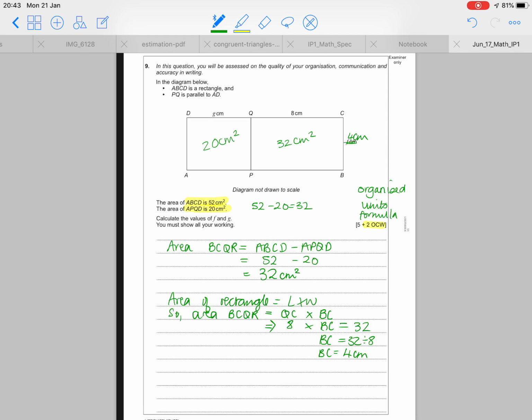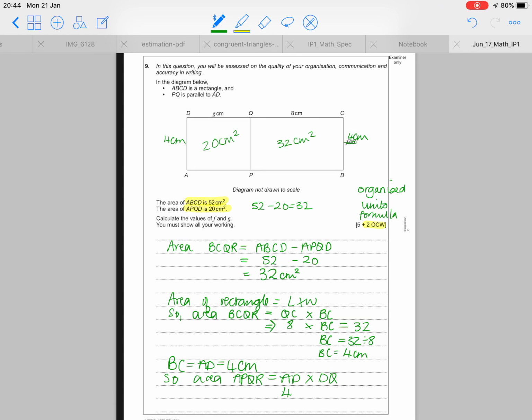Now I need to find DQ. Well, I'm going to put the 4 centimetres on the other side of the picture, and then I'm going to write BC equals AD equals 4 centimetres to explain that I know that they're the same. And then I'm going to do a similar layout now for the other one. So area, this one's called APQD, equals AD multiplied by DQ.